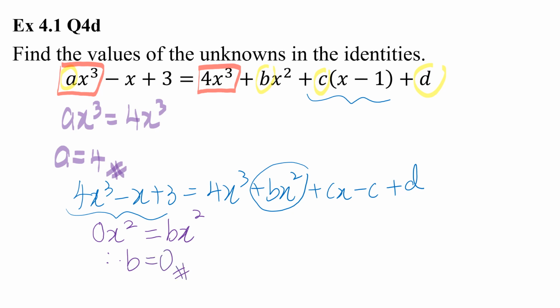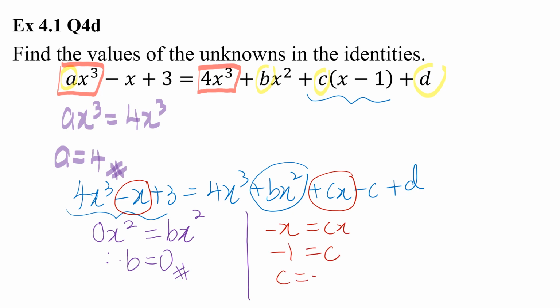And then the cx term here will be equal to my negative x. So negative x is equal to cx. So therefore negative 1 equals c, so c is equal to negative 1. Right, so negative c plus d. So what is left is the constant term.